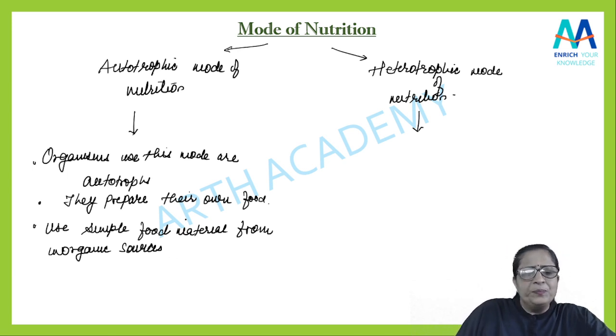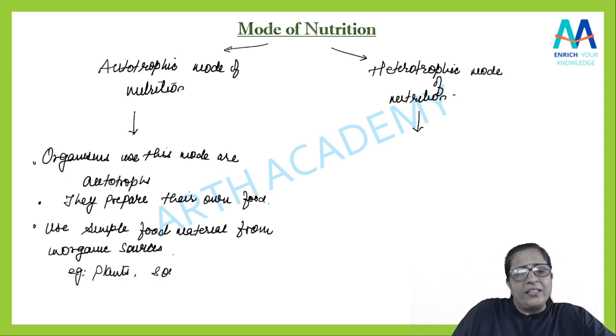And they convert it into organic sources. So I hope this is clear. Examples are plants, all the green plants, and there are some bacteria also which use this autotrophic mode of nutrition. I hope this is clear.